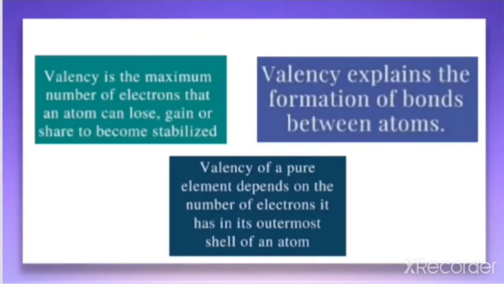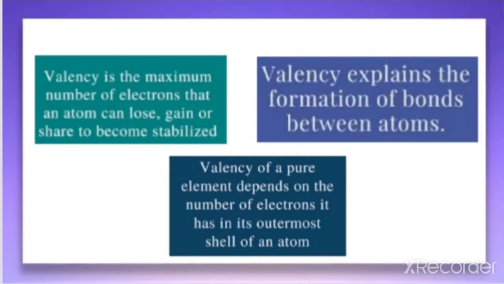So we can define the valency in a different way. Valency is the maximum number of electrons that an atom can lose, gain, or share to become stabilized. That is one important definition. Already we have discussed the valency definition, that it is a combining capacity, but that definition is not enough.